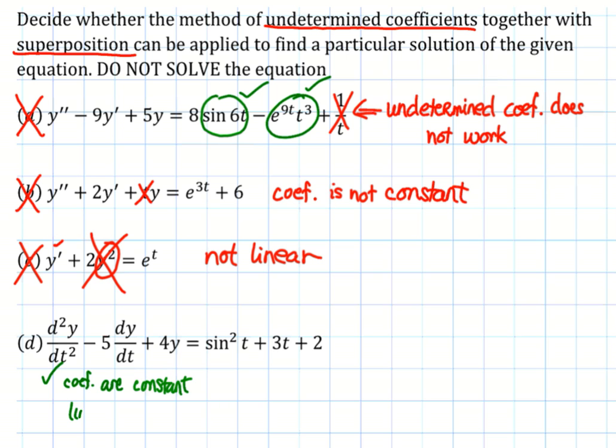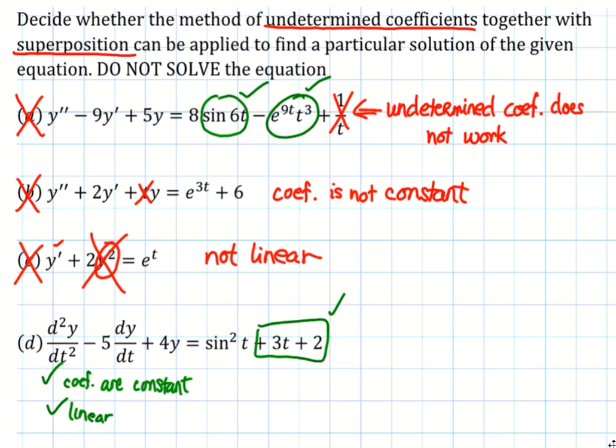Everything is linear, so the left hand side is okay. The right hand side is a polynomial, so we can guess the form of the particular solution. By the way, the particular solution to that is going to be at plus b, but that is another question. So that one's good.